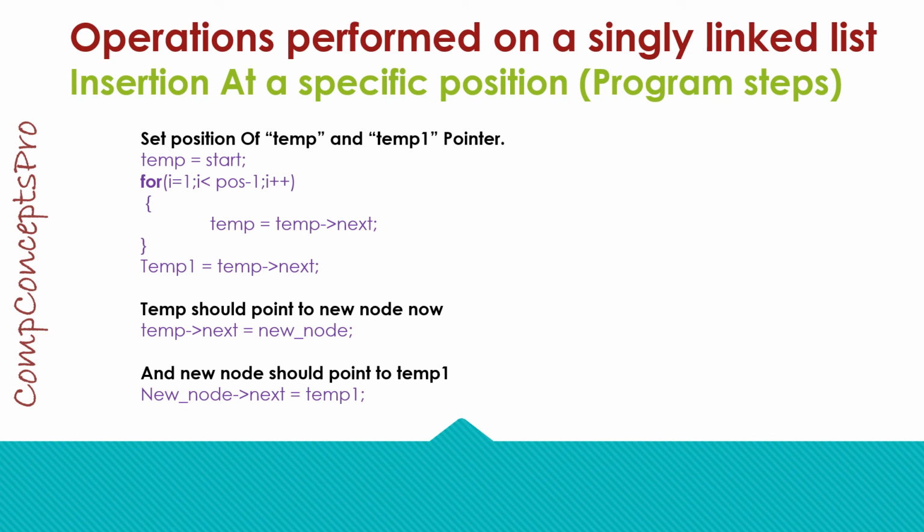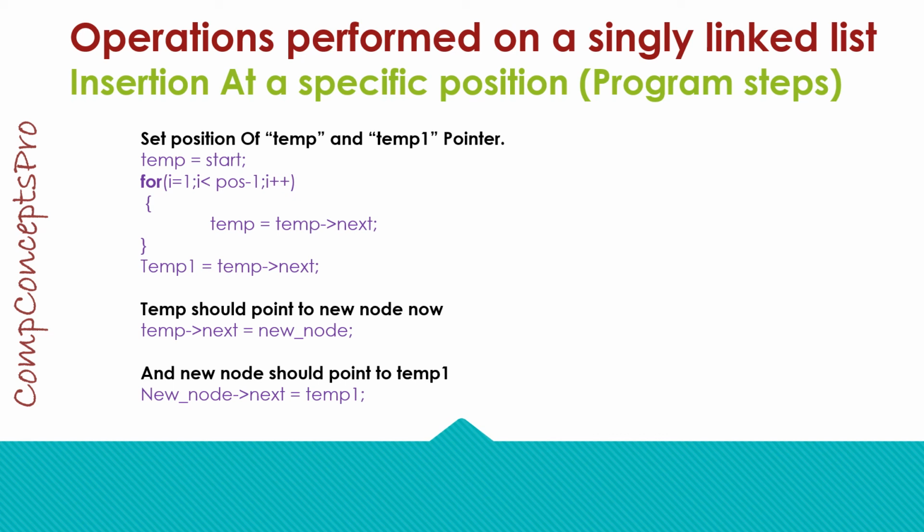Lastly, we have to see the program steps to insert a new node at a specific position. So as usual, first we'll check whether this is the first node to be inserted in the linked list. I'm not repeating those steps here. You can refer to insertion at the beginning and insertion at the end in this same video for this.